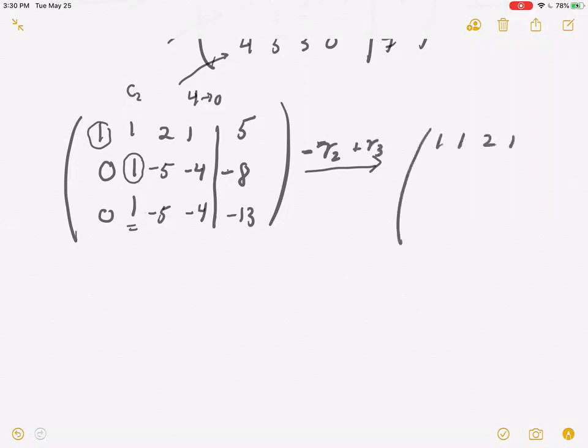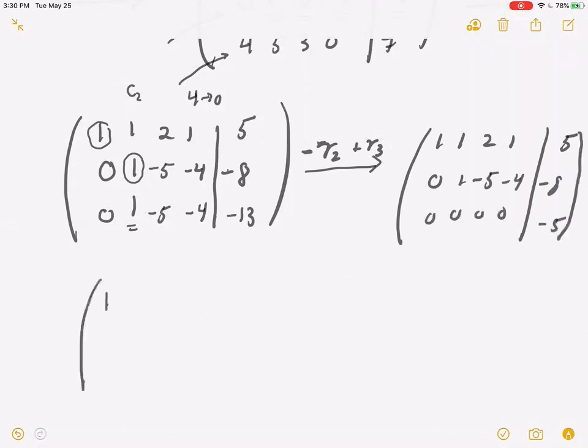Row 1 is not changed. Row 2 is not changed because I just took a Xerox copy of it. And row 3 becomes that. So you can see where this is going.